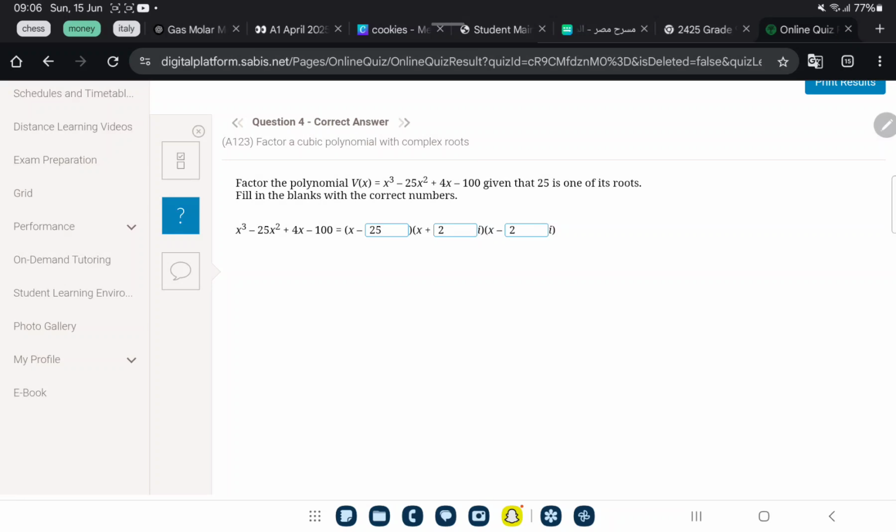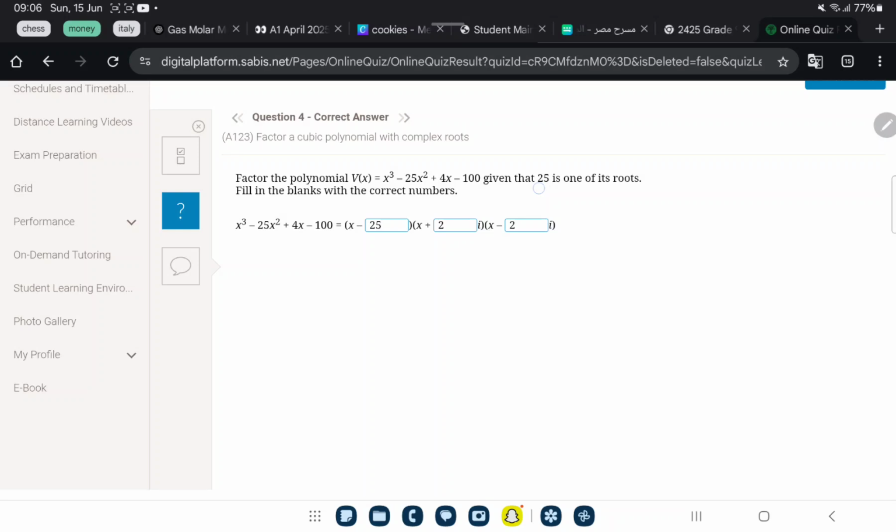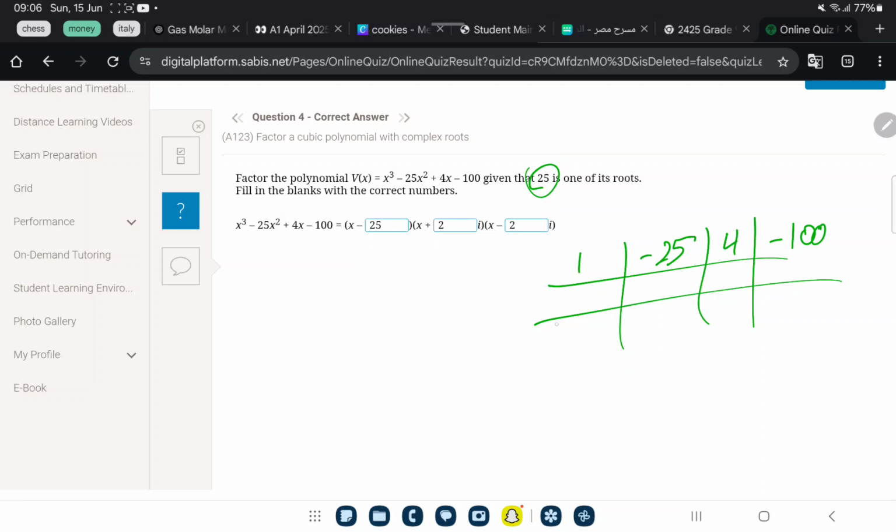Now they want us to factor, given that 25 is one of the roots. So again, you have to divide. I'm using synthetic division. So 1, minus 25, 4 and minus 100, divided by 25.